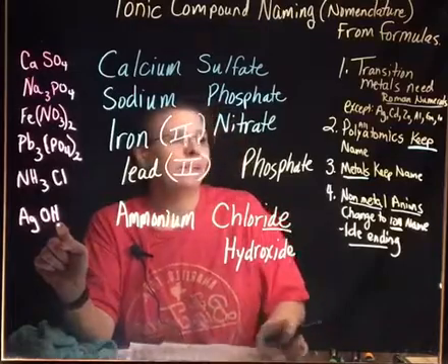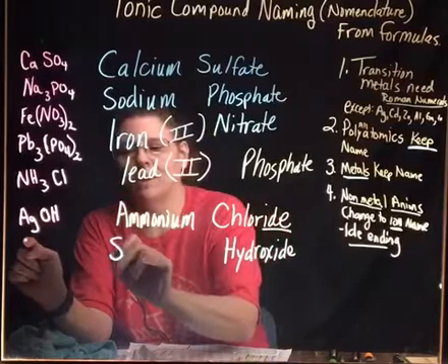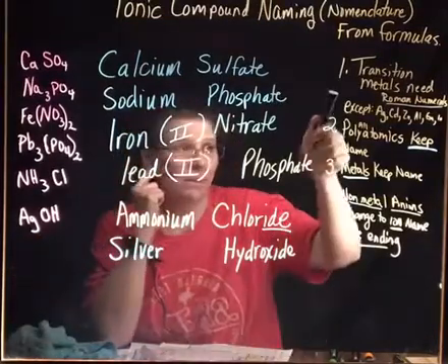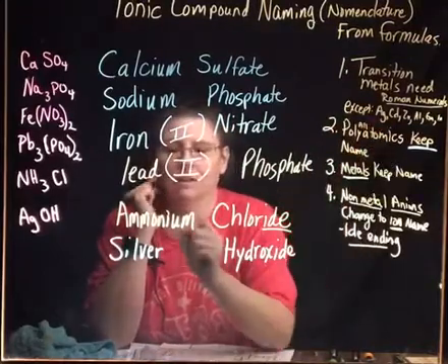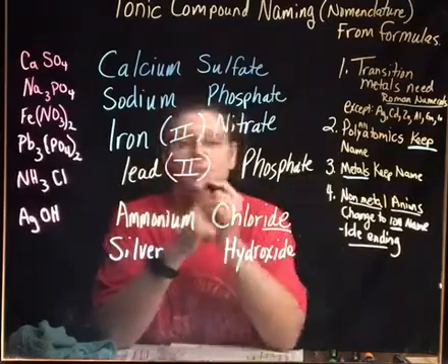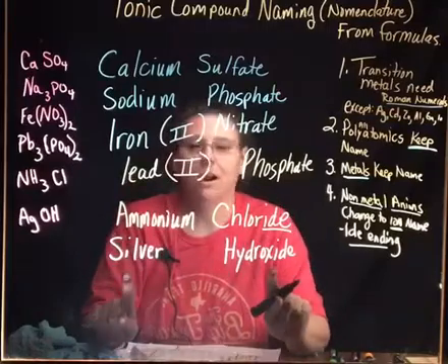So now it's going to keep its name, so I write it down. Now I have to write down Ag. I go and look on it. It's silver. It is a transition metal. However, it's also one of my exceptions. One of the ones that does not get a Roman numeral because it always has a +1 charge. And we wrote it on our periodic table. So it's just silver hydroxide.